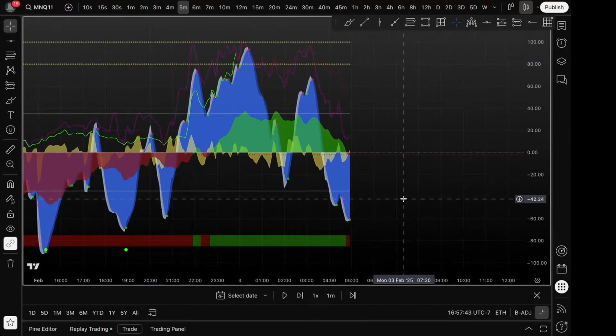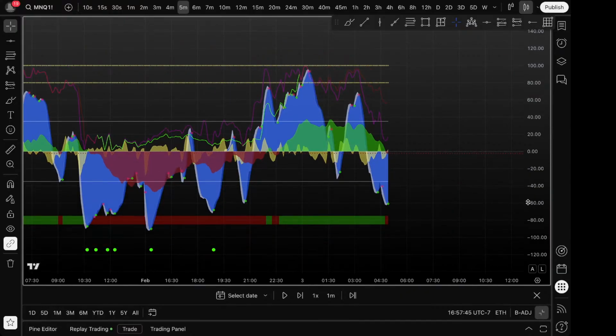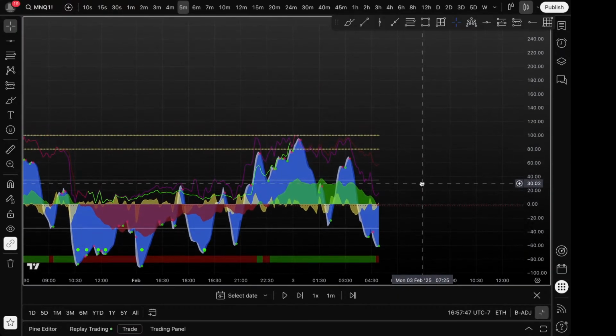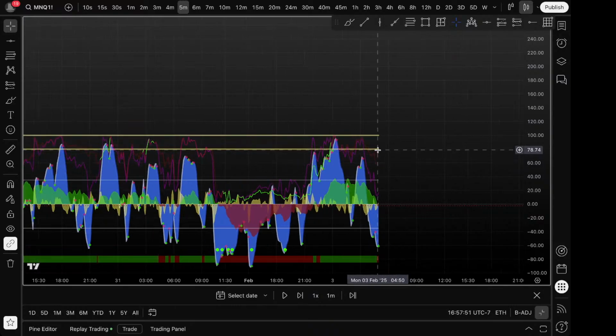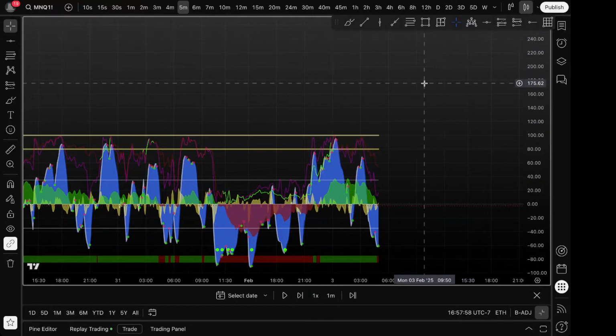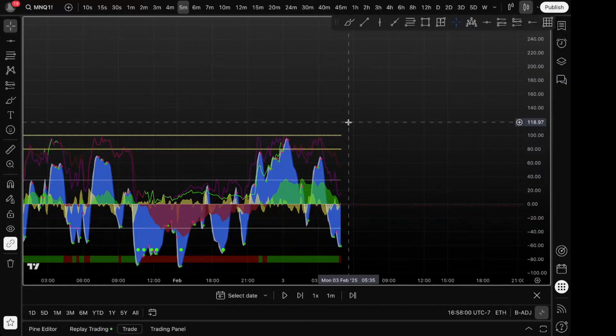Let's remember our etiquette here. We do not look at candles on the higher time frame in MarketCipher or in TradingView when we're in replay mode, because they will tell us too much about price movement.